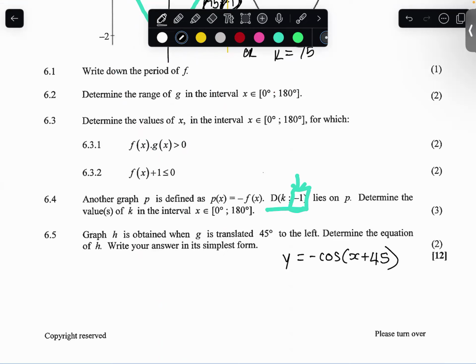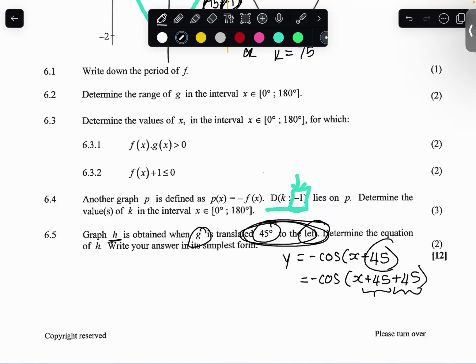And they are saying that H is obtained when we take this G and translate it 45 units to the left. 45 units to the left simply means add 45 to x and then bring this one down also. So this is plus 45, plus 45. This is plus 45 because of this transformation, and this plus 45 is from G of x's equation.